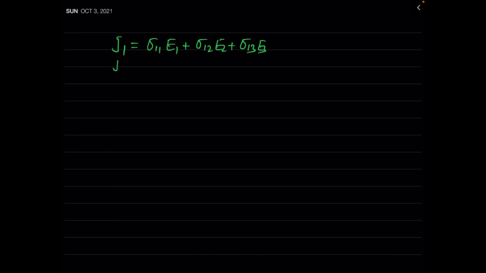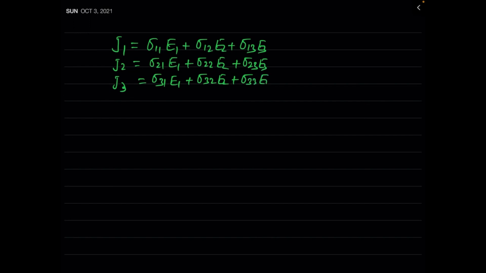And similarly, J2 is equal to sigma 21 E1 plus sigma 22 E2 plus sigma 23 E3. And J3 is equal to sigma 31 E1 plus sigma 32 E2 plus sigma 33 E3.